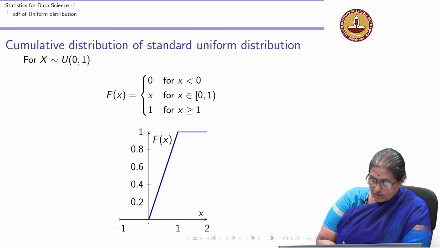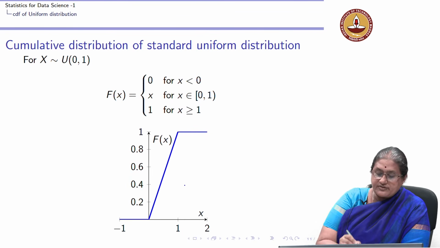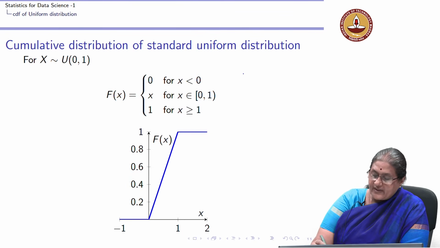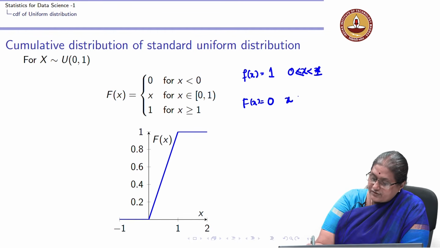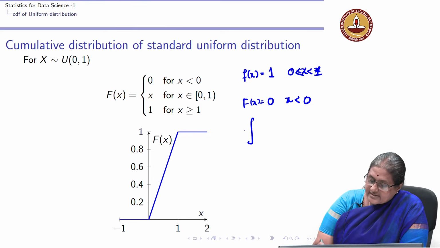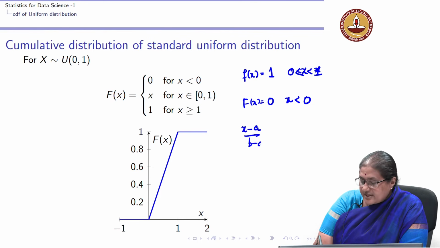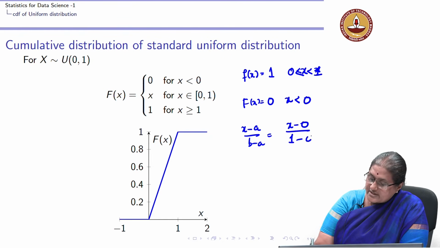If you go to the example of a standard uniform, we know that f of x is equal to 1 for 0 less than or equal to x less than 1. F of x is 0 for x less than 0. So, (x minus a) by (b minus a) is the same as (x minus 0) by (1 minus 0).